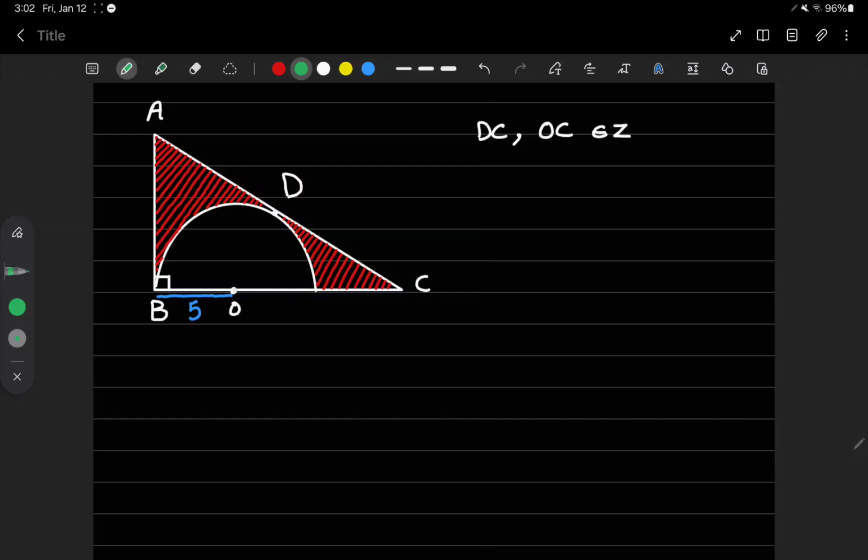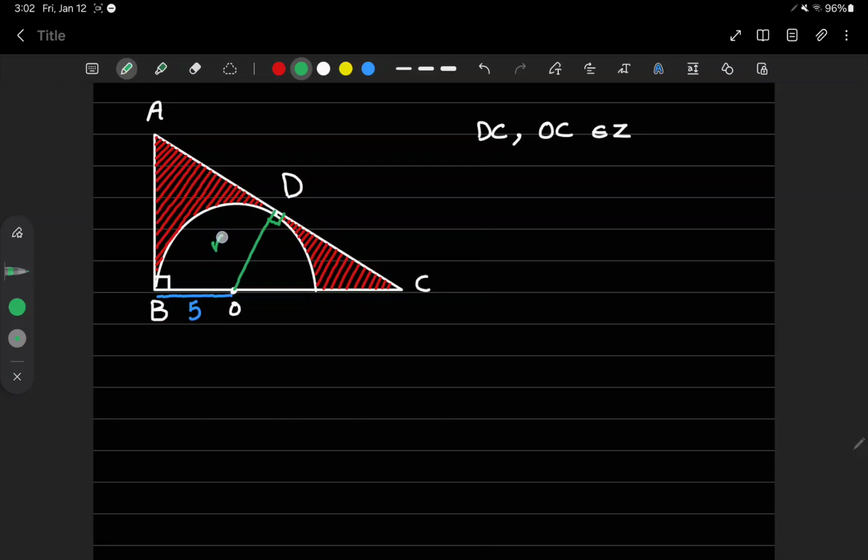The first thing is that if I draw a line from O to D, and this is a straight line, so this angle is 90 degrees. This is also the radius, right? This is from O to D. Here it's also 90 degrees. Let me remove this line.